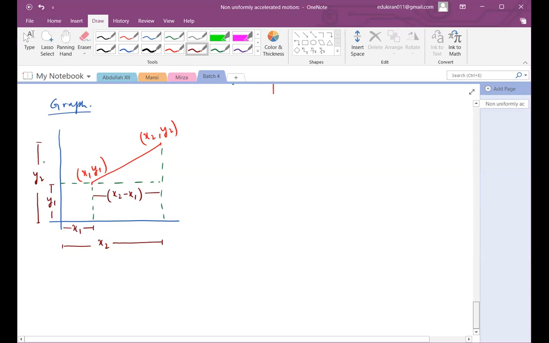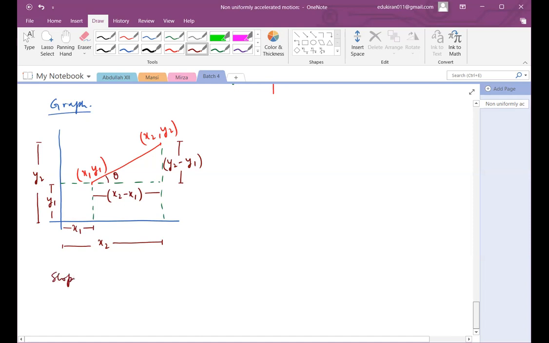And if you subtract these two terms, you will get y2 minus y1. Now, for this particular triangle, we have base and perpendicular. Using these two terms, we can easily calculate this theta or the slope of this particular graph.